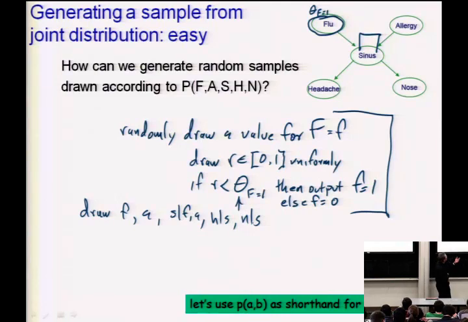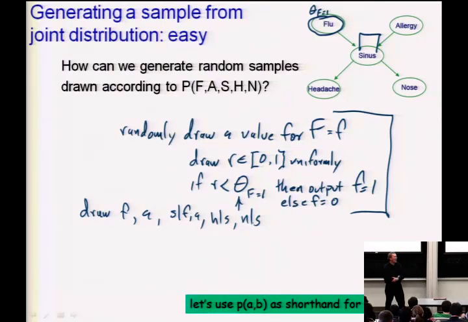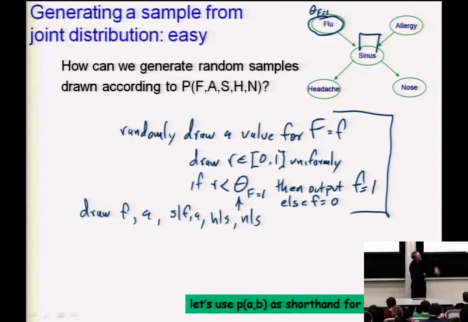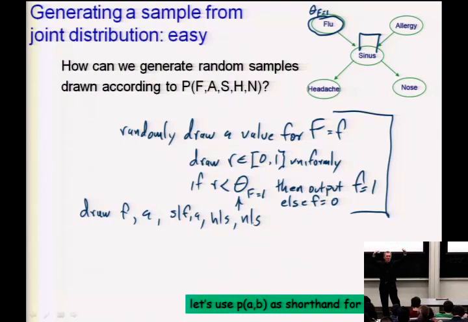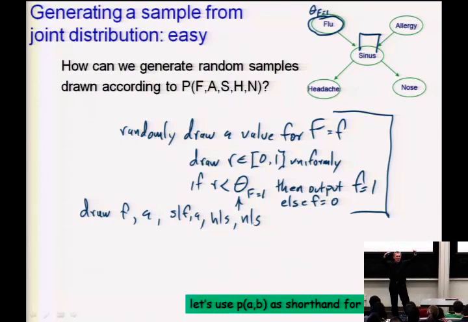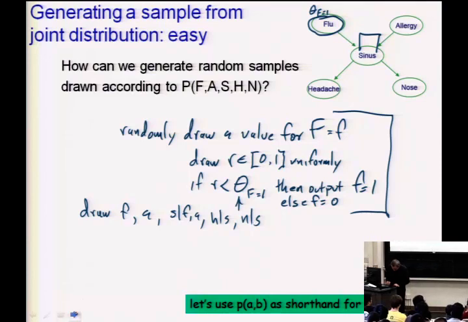I can't get away with doing the same thing, because this factorization tells me a way to start at the root of the DAG, possibly roots of the DAG, and follow the arrows. Okay, so that should be clear.